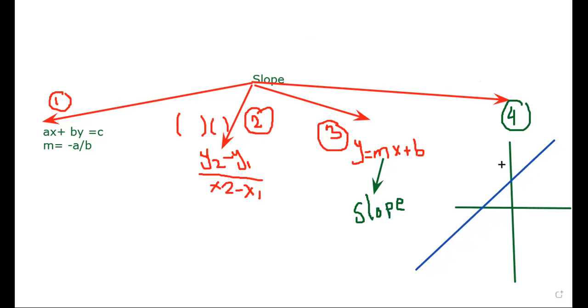So we count the vertical change over the horizontal change, which we denote by rise over run. The fourth one will be rise, which is the vertical change, over run.